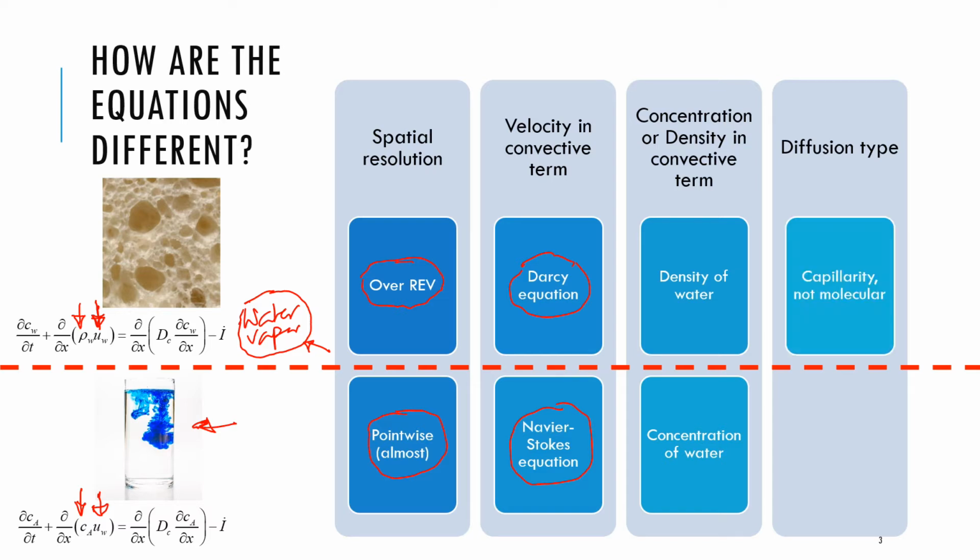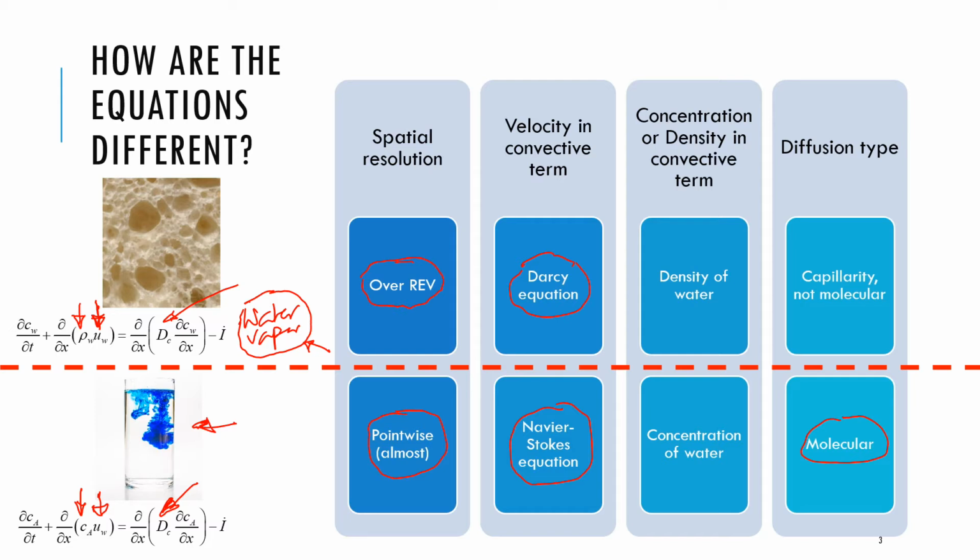Then the next term is the diffusion. Diffusion in a simple two-component system is often just molecular diffusion. Whereas in porous media, even though we have a diffusion term, for water it is capillary diffusion, or capillarity that's treated as a diffusion.